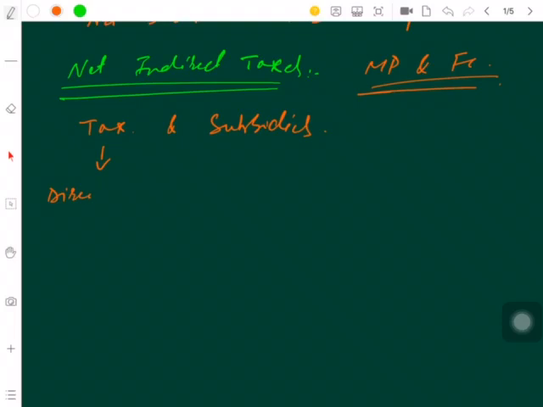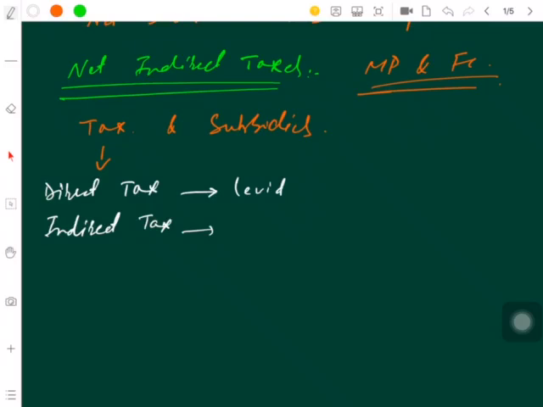Direct taxes. Let me change the color in order to make you understand in a better way. Direct tax and indirect tax. See, this direct tax is levied upon, levied means it is asked from, or it is taken from, your personal income.